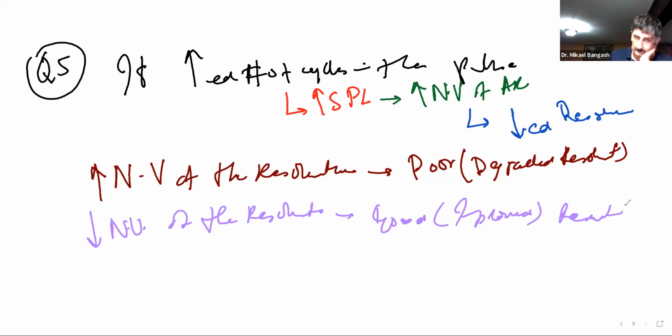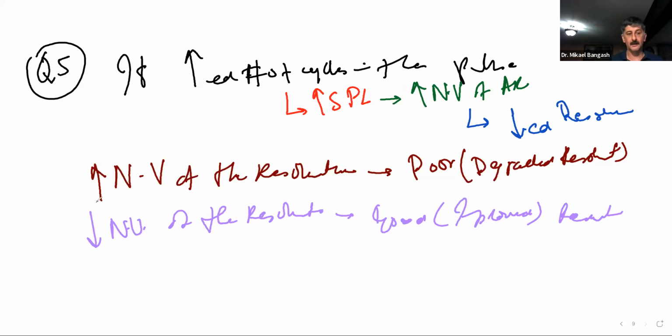So in the previous question, the media says a longer pulse. Is that going to have a greater or lesser numerical value? Greater pulse, greater numerical value. Lower pulse, lower numerical value. Then the next question, question 5, says the same, greater pulse: would that lead to a good resolution or a poor resolution?